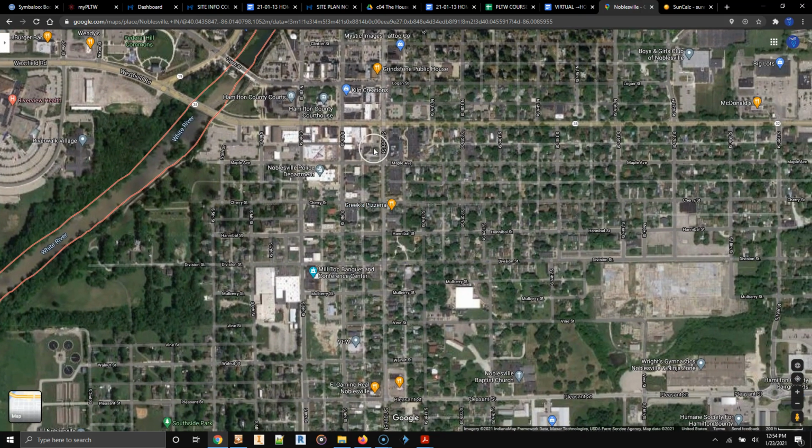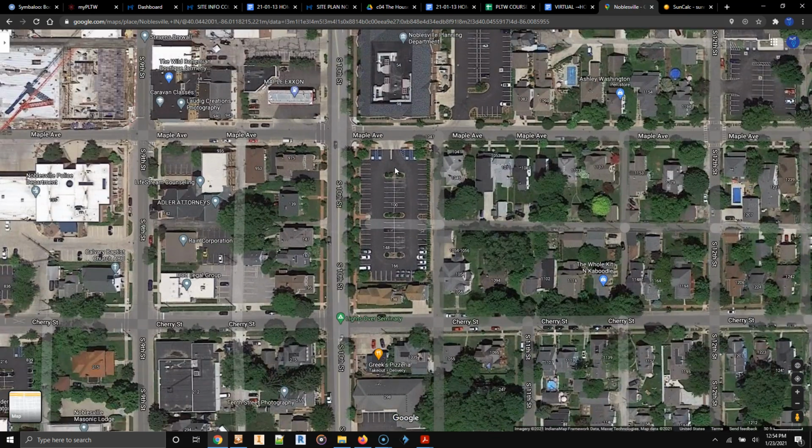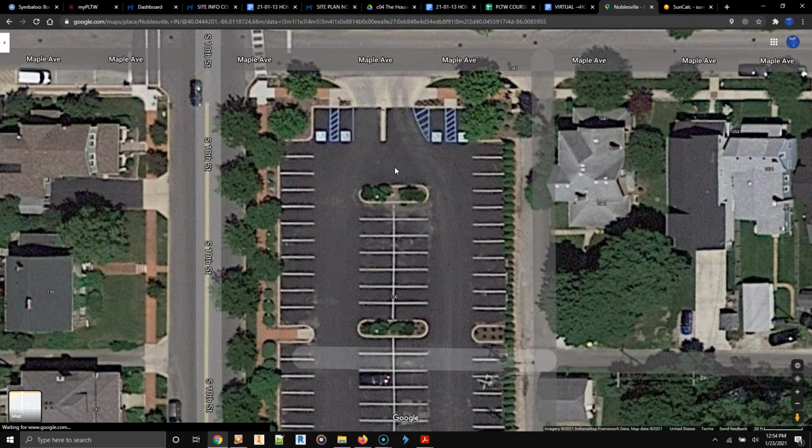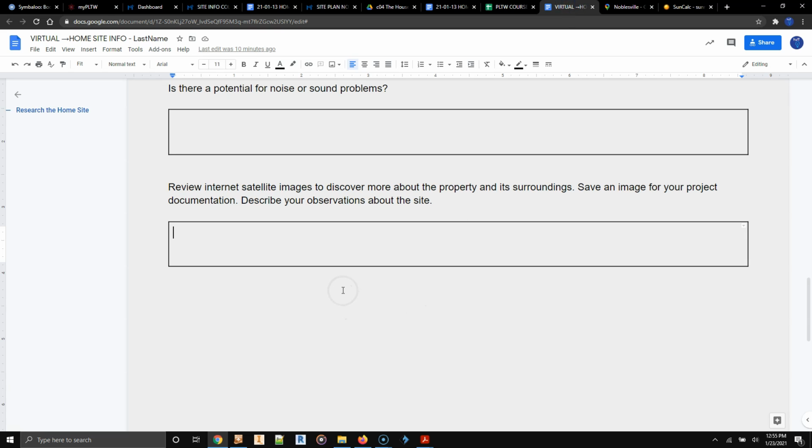So that's what I want you to look at. Think about the site and what kind of things are available that might be attractive to someone that's building a house. Pretend that this is a blank lot right now, and there's no parking lot here except for this one just south of you. All right, so that's what you're going to discuss on that last portion.